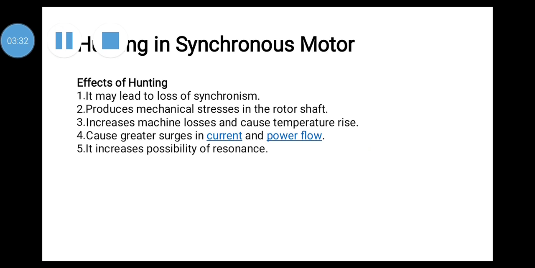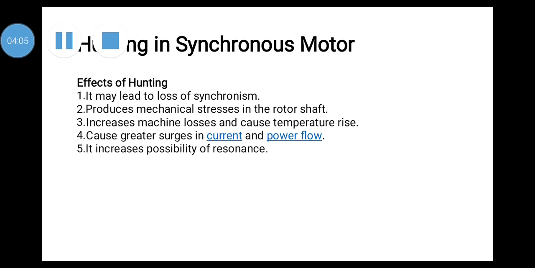And what are the effects of hunting? It may lead to loss of synchronization, because, as I told, the machine is searching for the new position, and the synchronous motor is supposed to run in a synchronous manner. It produces mechanical stress in the rotor shaft because of the pulsation, so most of the stress will be on the rotor shaft.